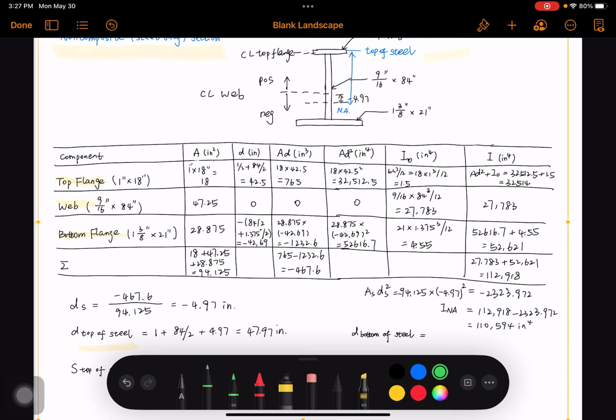And the distance between neutral axis to the bottom of steel, this is the bottom of steel.